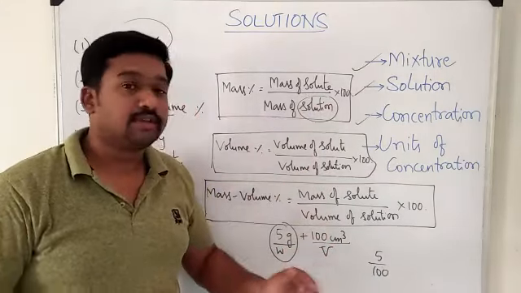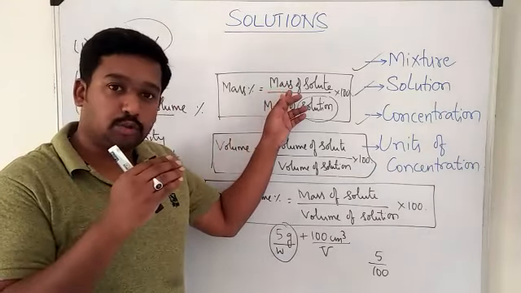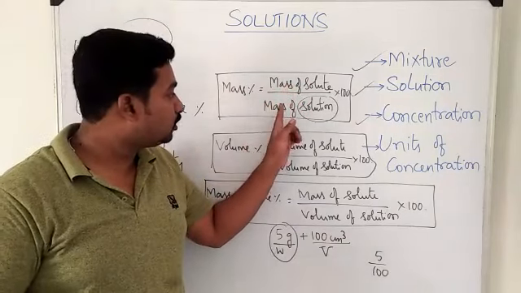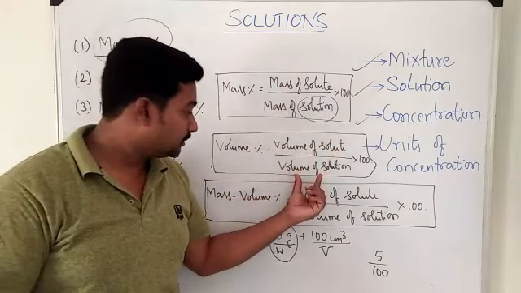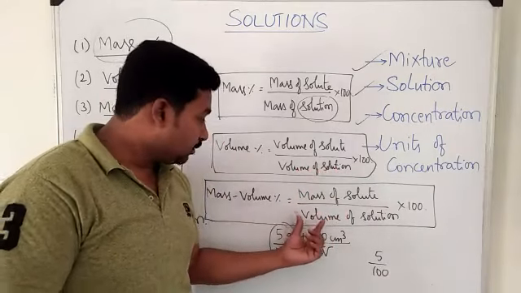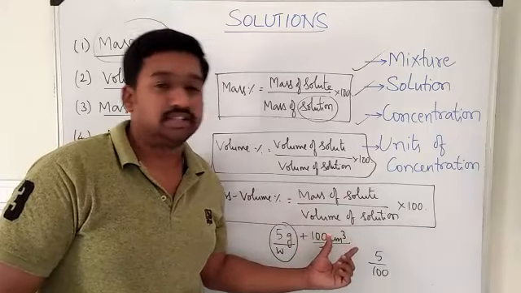In the other two cases, we have to add the value of solute and the value of solvent. In the case of mass percentage, mass of solute plus solvent will be solution. Similarly, volume of solute and volume of solvent will make a solution. Here, volume of solution means you need not add the mass of solute to this.